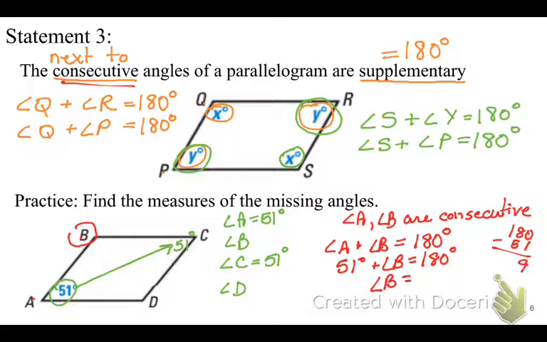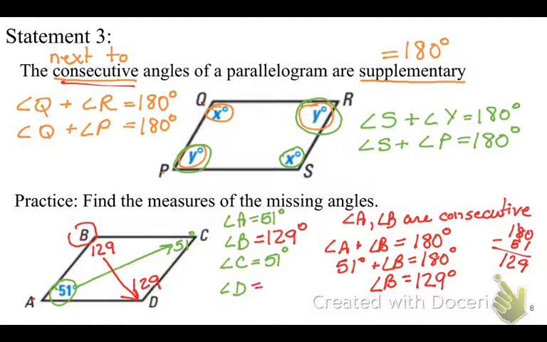10 minus 1 is 9. 7 minus 5 is 2, so 12. Okay, angle B is 129 degrees. Well, if angle B is equal to 129, then the angle opposite is also equal to 129.